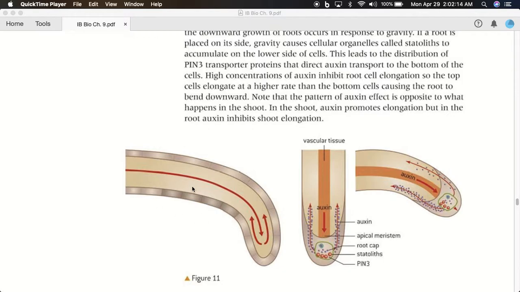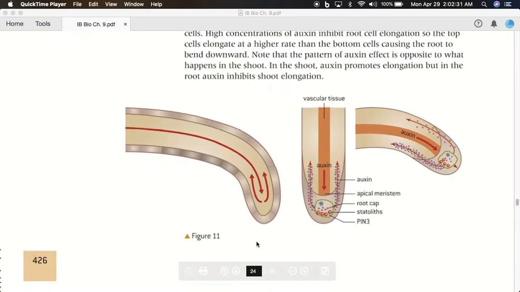So if the root is laying on its side, then we're also going to basically transport the auxin to this side using the PIN3 proteins inside the statolith organelles. And if you have a bunch of auxin on this side, what that should cause is that this side is going to elongate and cause the root to curl and then hopefully go into the ground towards gravity.